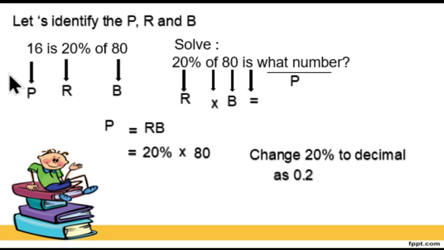Then multiply 80 by 0.2, or 2/10. So 0.2 times 80 is equal to 160, and there is only one decimal place, so the answer is 16. Again, 20% of 80 is 16.